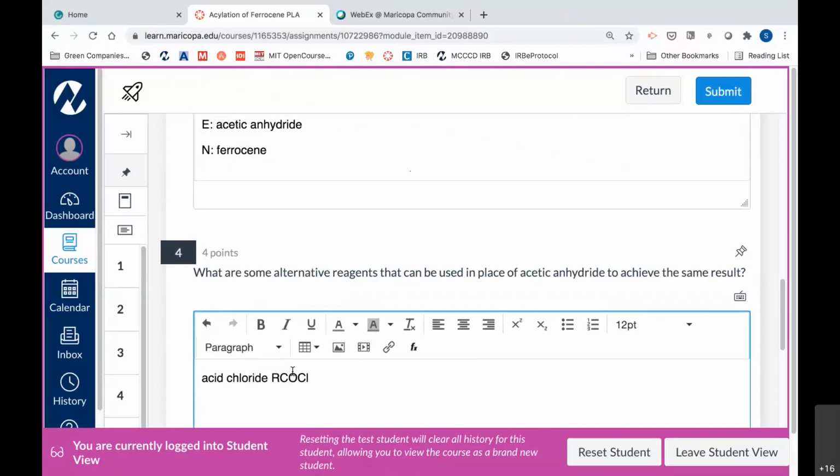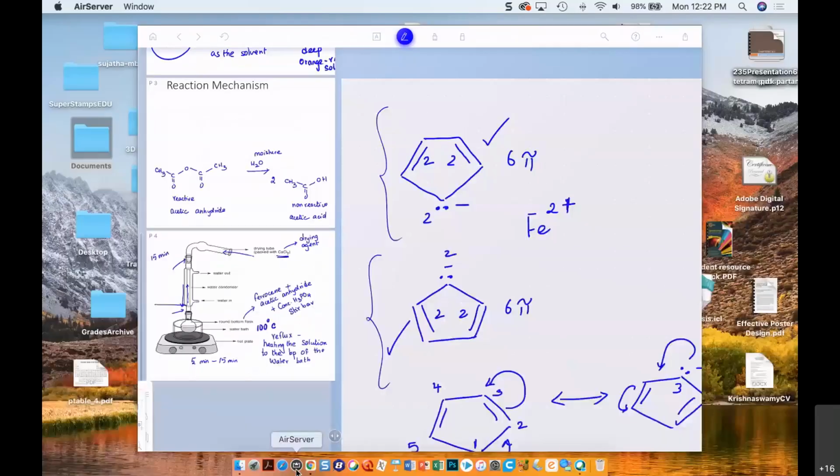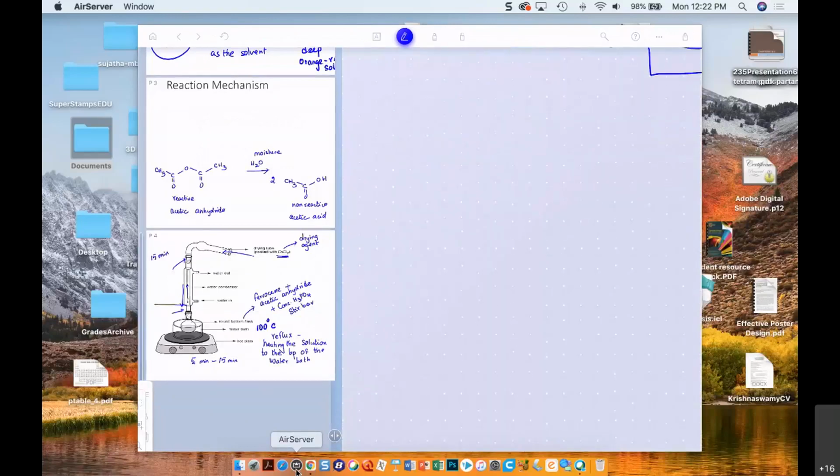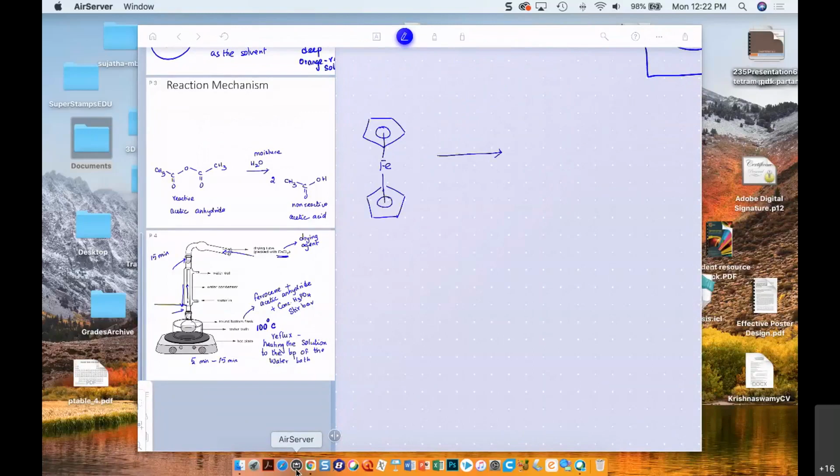So what you also want to do here is probably upload a little image explaining this a little bit more. You could take the same ferrocene, except that it'll be somewhat corrosive. Yeah, but you do have an alternate. Instead of using acetic anhydride, you can use acid chloride, and then you can use phosphoric acid.